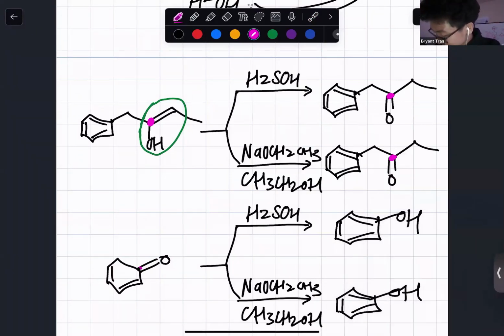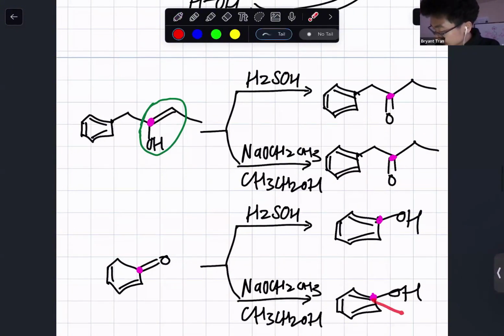Wait, if I highlight this pink carbon right there, that's this pink carbon right here. And Madison, I see you got the right answer for the second product, but you added this extra CH3CH2 right there, which is now going to be right there, right? Yeah, we're just going to tautomerize, like if I outline this carbonyl right here, that's going to be converted into this enol right here, alkene next to alcohol.